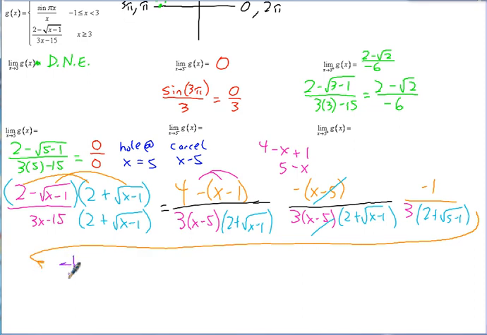We've got negative 1 over 3 times, that's 2 plus the square root of 4, which is 2, gives you 4 times 3 is 12, so negative 1/12.